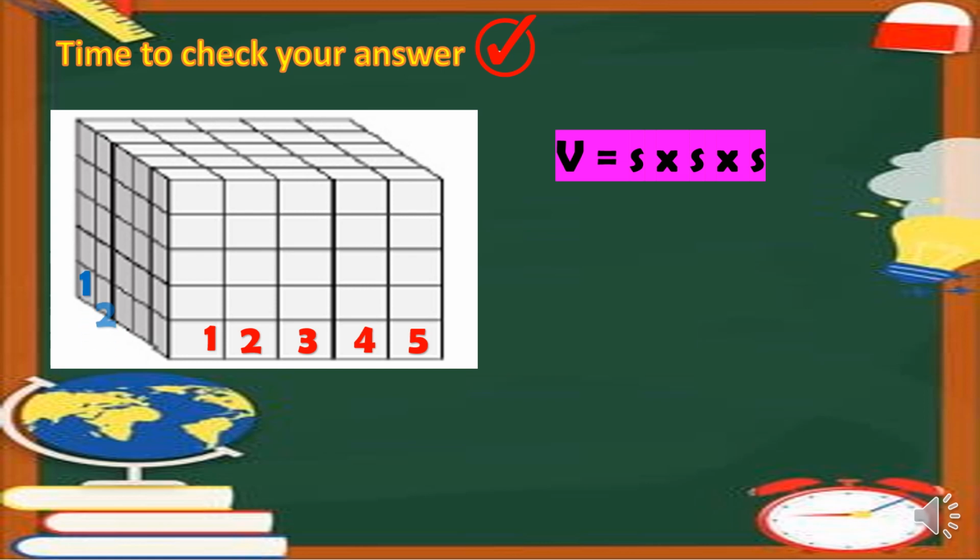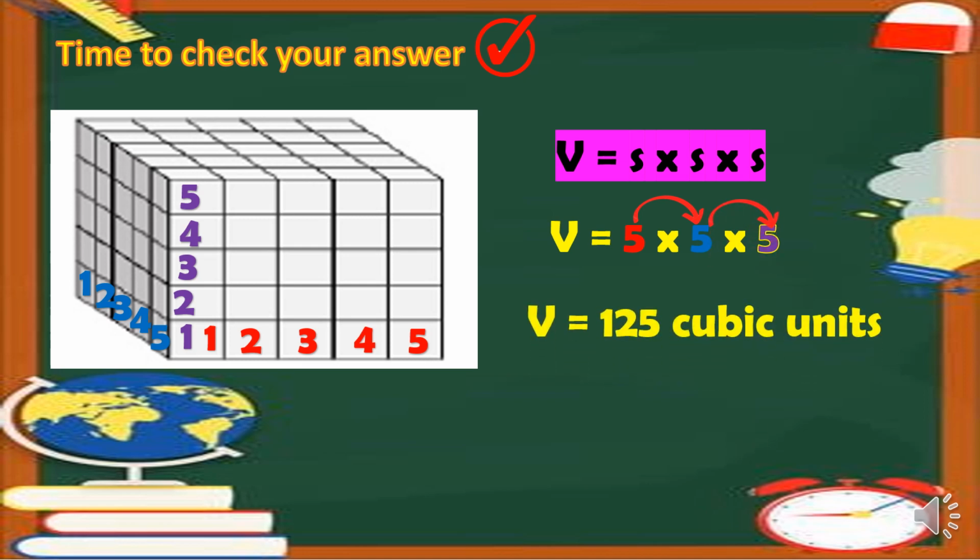We have 1, 2, 3, 4, and 5 as our width, and 1, 2, 3, 4, 5 as the height. When we substitute, V is equal to 5 times 5 times 5. The volume of this container or this figure is equivalent to 125 cubic units.